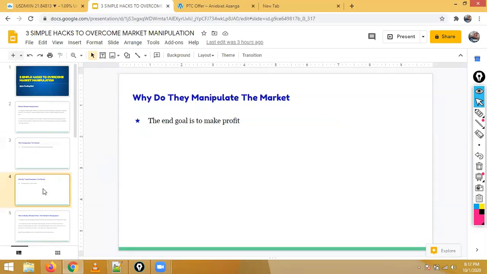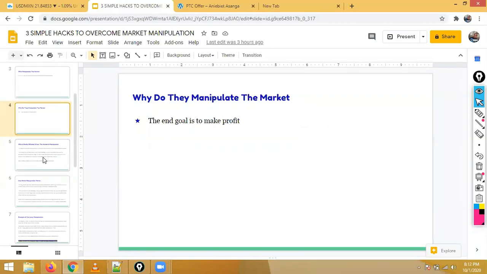Why do they manipulate the market? So the big players, the whales and the sharks, they are smart. They don't just do things for fun. They always want to make money. So the end goal of why they manipulate the market is to make profit. As we are moving on, we are going to see how the manipulation happens and how they make their profits.